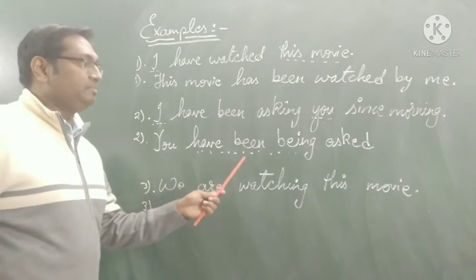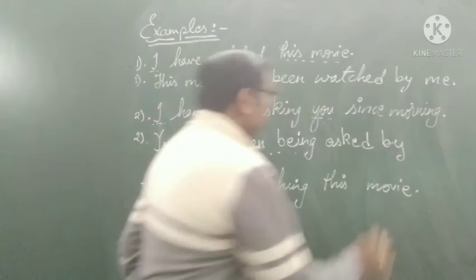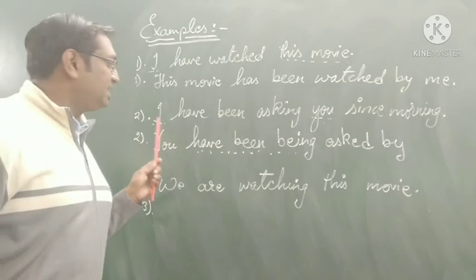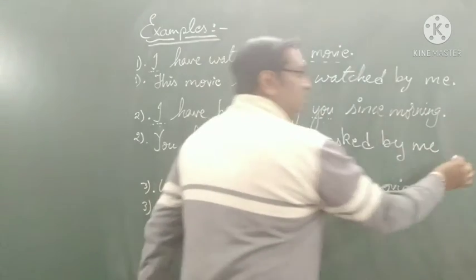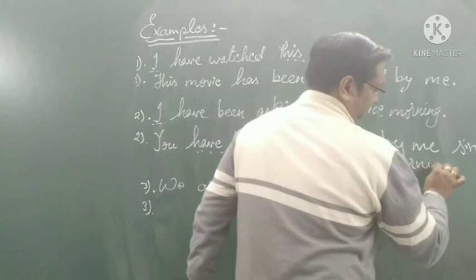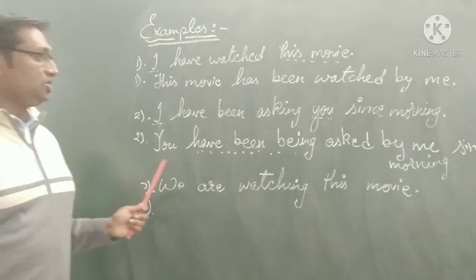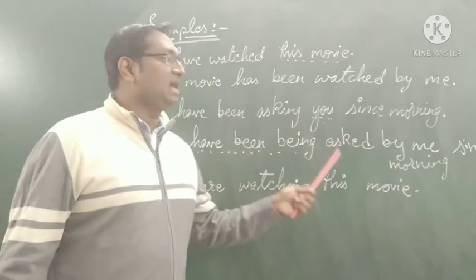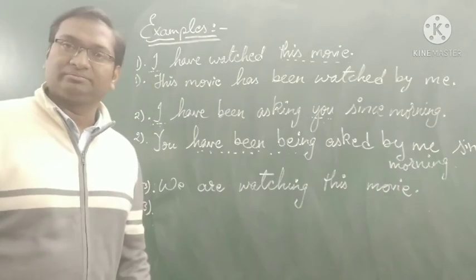You have been being asked by, again over here I is there, so it will change into me, by me, and then since morning. Clear? So you have been being asked by me since morning.